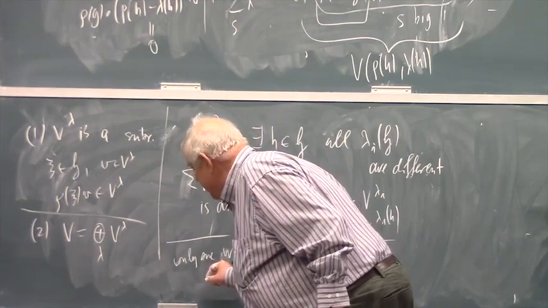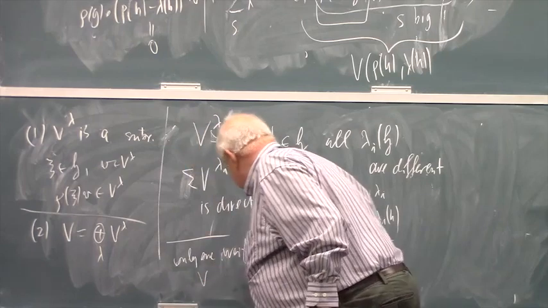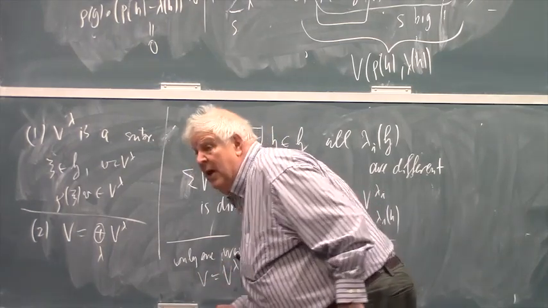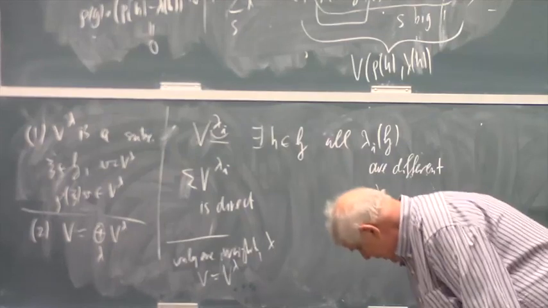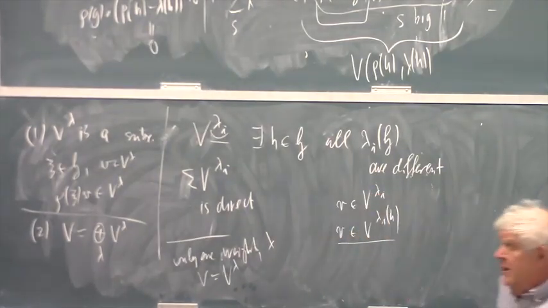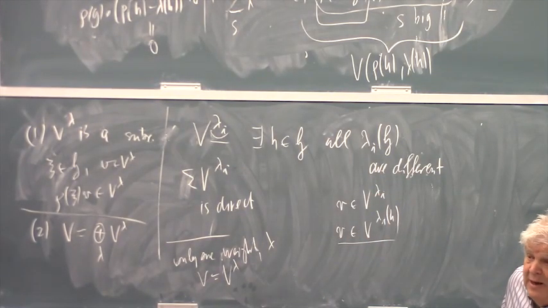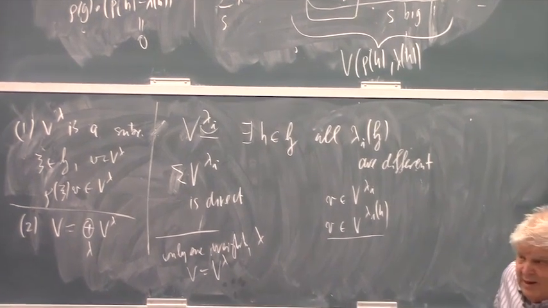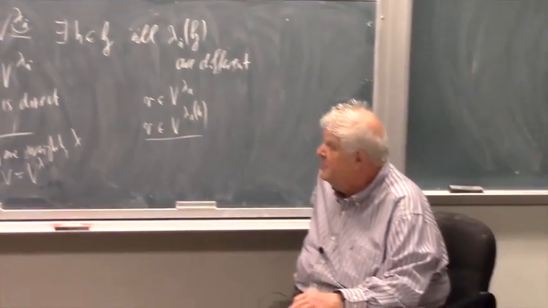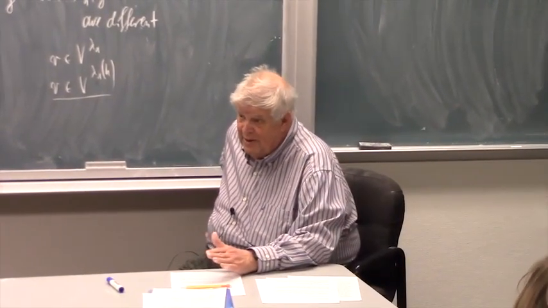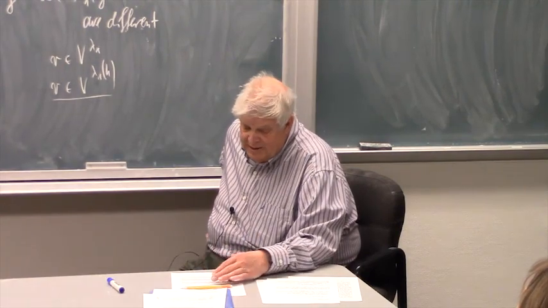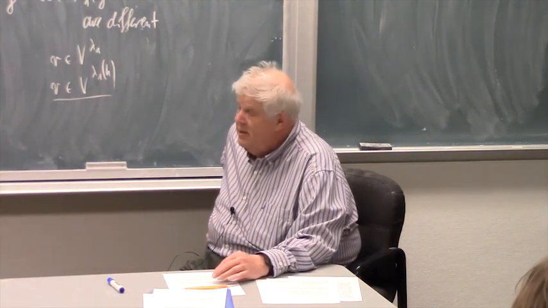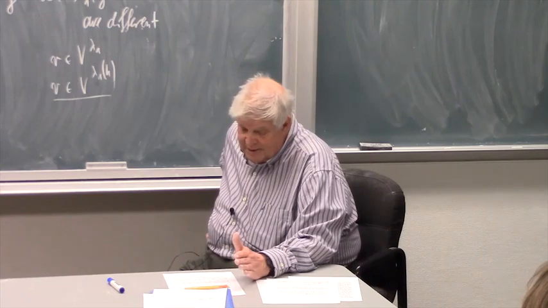Only one weight, then V is V lambda. If V has more than one weight, then it is reducible. And as soon as it is reducible, we can apply the same result to each part. So this is something which is proved without any difficulties.